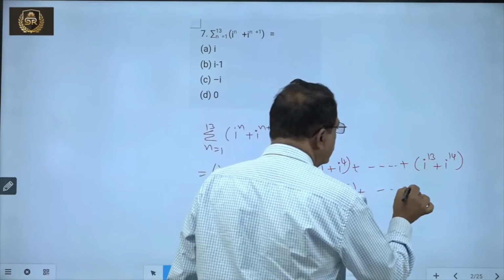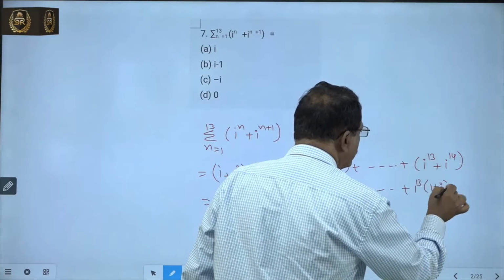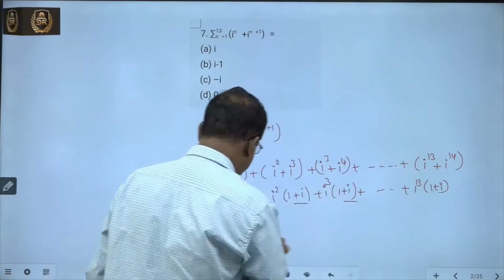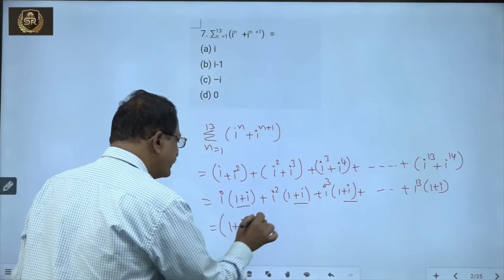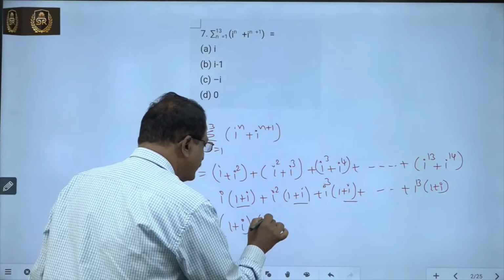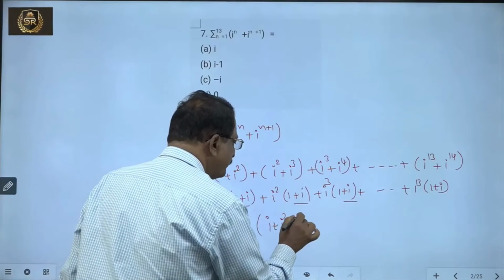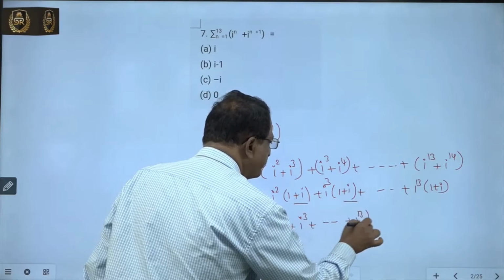Similarly, so on, i to the power of 13, take common 1 plus i. Now in all the terms 1 plus i is common, so we get 1 plus i into i plus i square plus i cube plus, and so on, up to i to the power of 13.